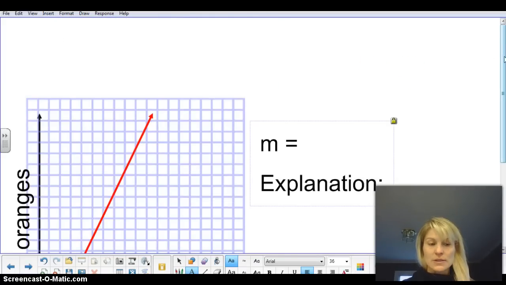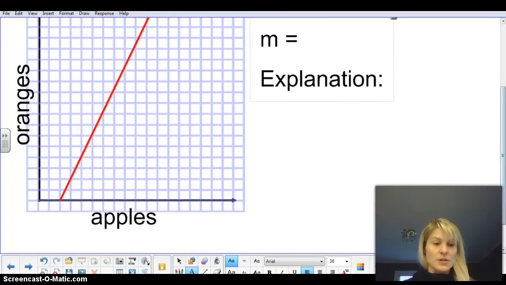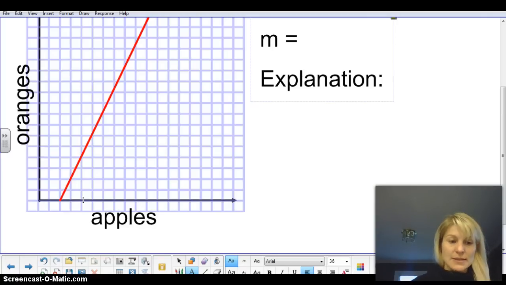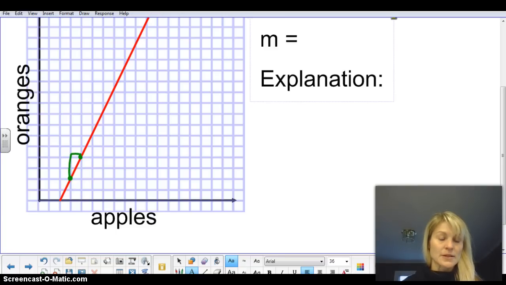In this one, if we look here, we're talking about apples and oranges. It's not labeled, so I'm assuming these are going by 1. So we're talking about a ratio of the apples to the number of oranges. Okay, so like before, I'm going to find 2 points on the line, so I can pick a point here and I can pick a point here, and so we're going to do our rise and our run.